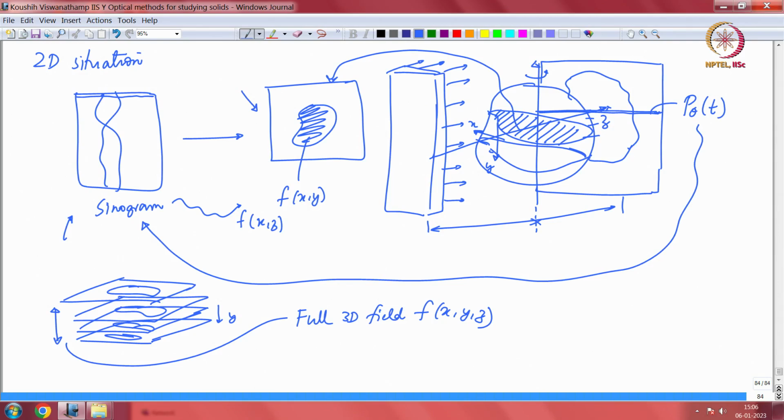Of course, in practice it never works like that. You have a point source, and so we will talk about how to deal with point sources a little later on. But in principle, if you had something like this, you can then reconstruct stack by stack. For each stack you have a p theta, theta being the rotation about the vertical axis for the object. Okay. So, that will give you the set of stacks and you will get a full 3D field in principle.